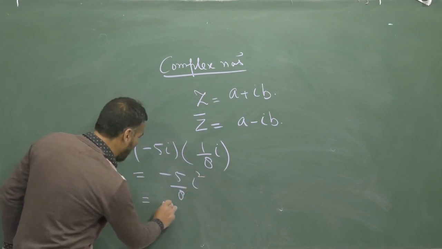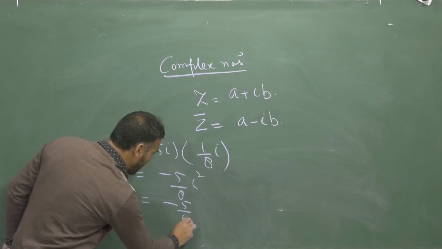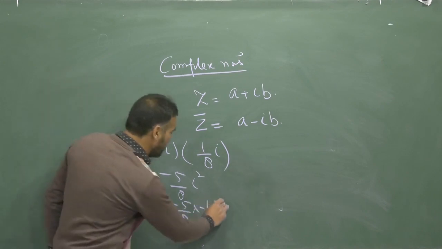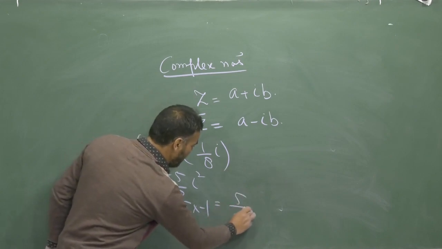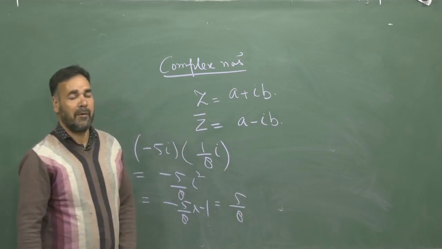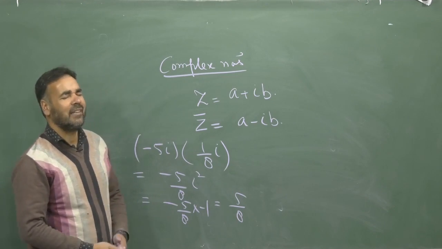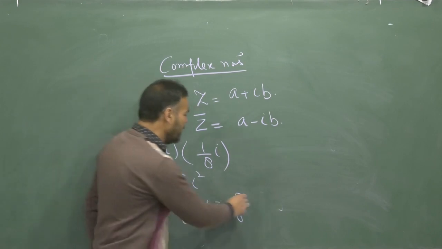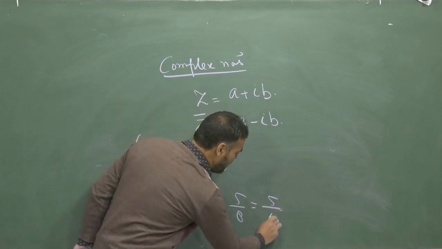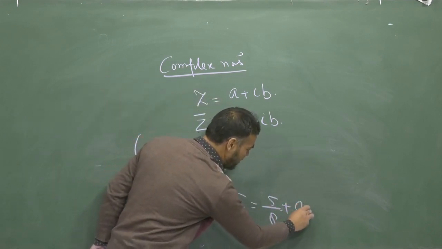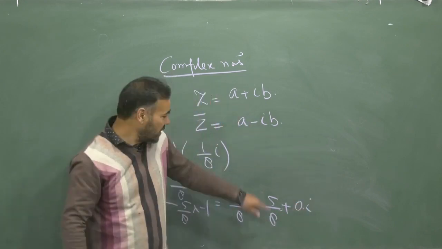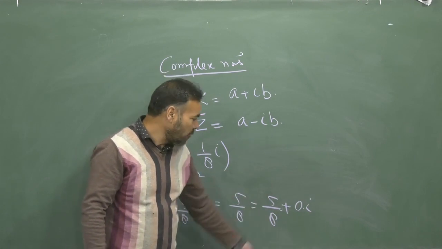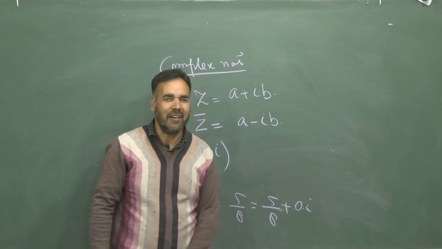You are aware that iota square is always equal to minus 1. So minus 5 by 8 times minus 1, it is plus 5 by 8, but it is purely real. But we have to write it in the form a plus iota b. So a is 5 divided by 8, plus we can write 0 into iota. So a is equal to 5 by 8 and the value of b is equal to 0.